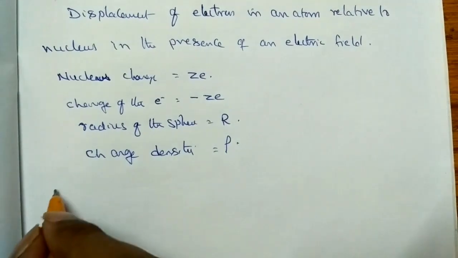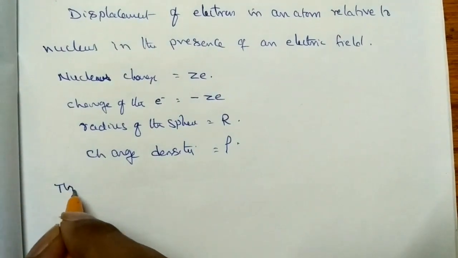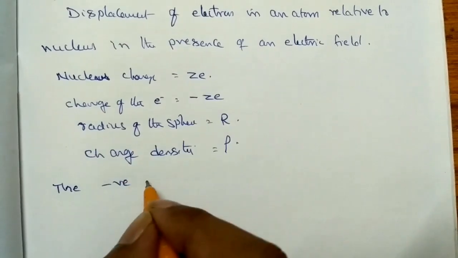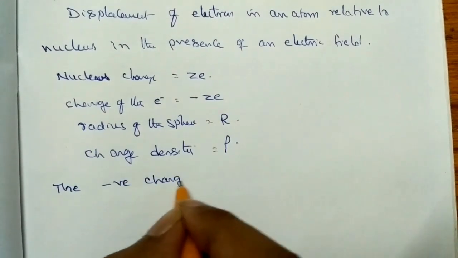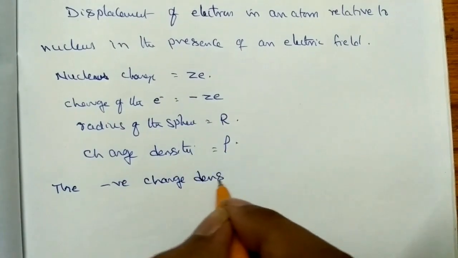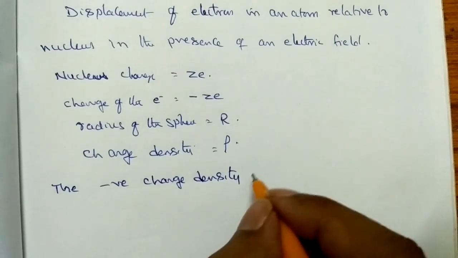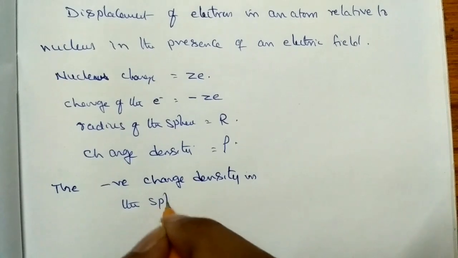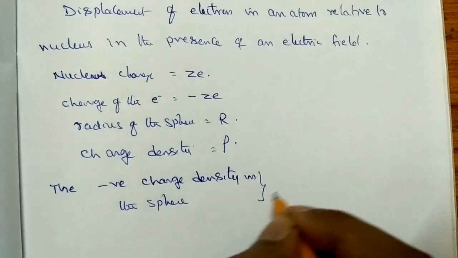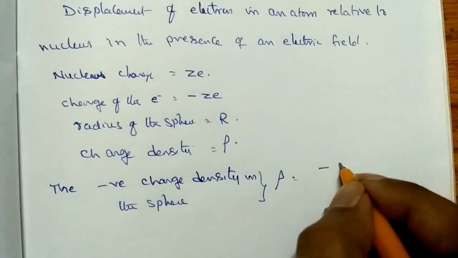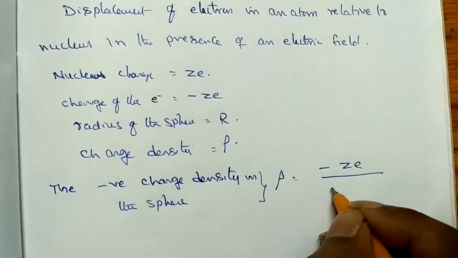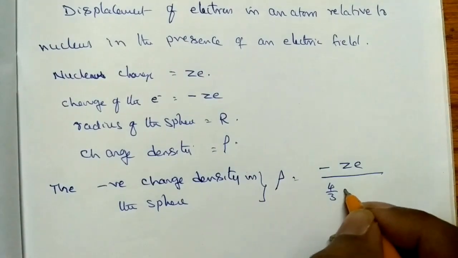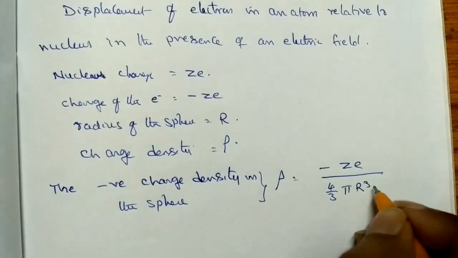Now the negative charge density in the sphere, rho, is equal to minus Ze by 4 by 3 pi R cube.